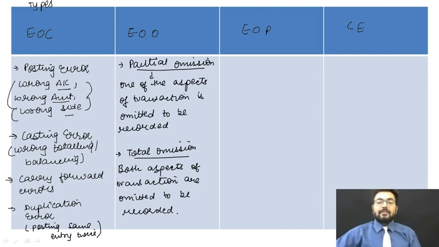Now, there are basically two aspects. Errors of principle. Errors of principle have two types of errors.